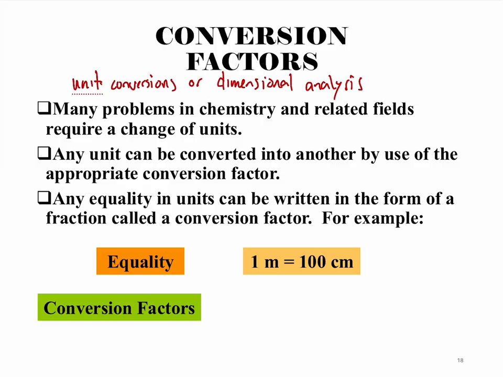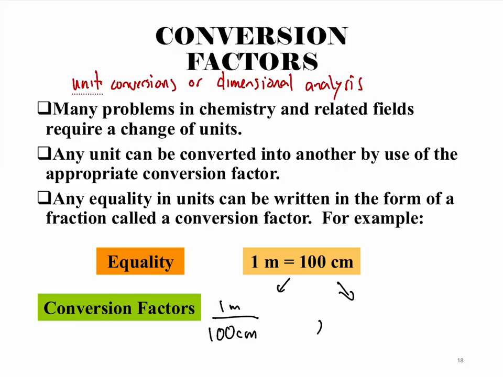Any conversion factor can be derived from a conversion equality. So if we have this equality here, we're saying 1 meter equals 100 centimeters. This is something you say verbally, it makes a lot of sense, but when you write it down as an equation, this is just what you're saying in equation form. From this conversion equality, we make two different conversion factors. We have one that says for every 1 meter, there's 100 centimeters.